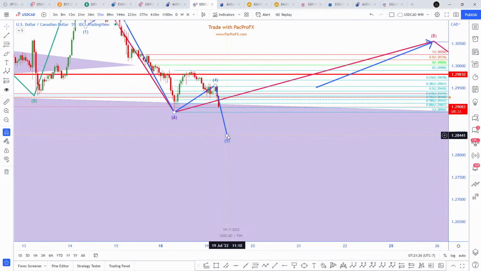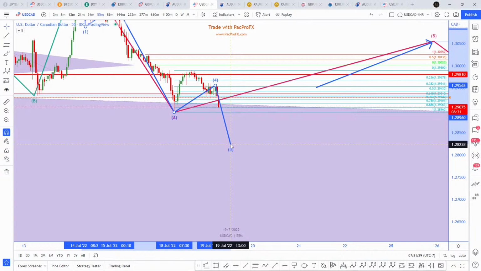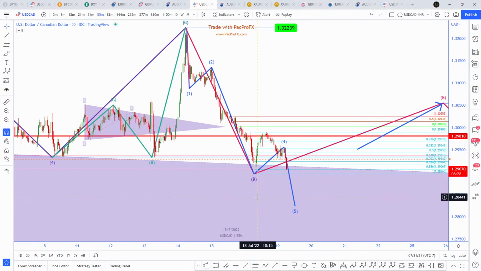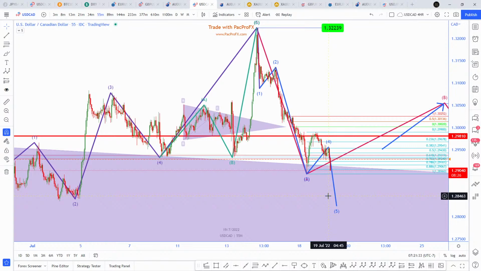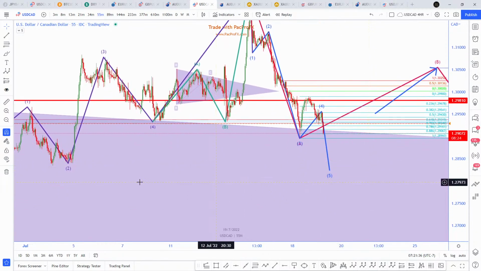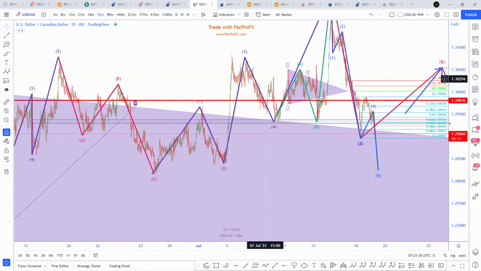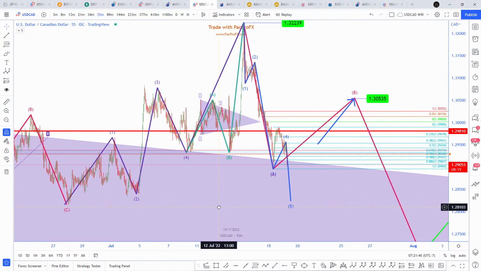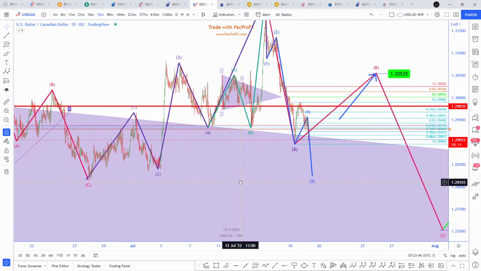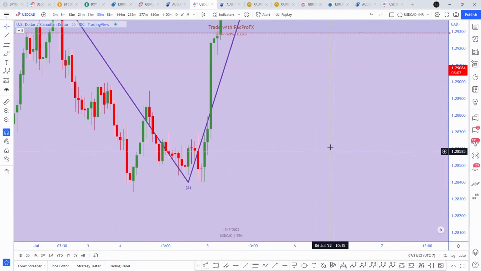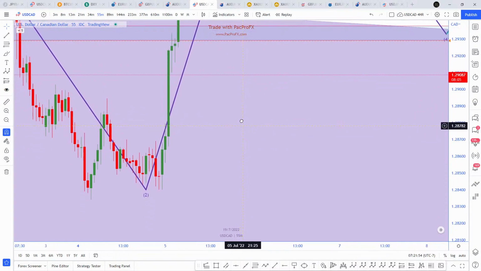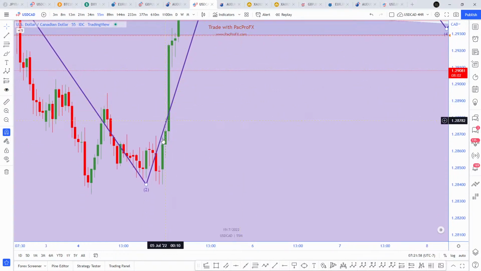Sneaky one. Almost didn't even look like an ABC pattern. So, not sure why it's going back in the triangle again, but after all this. But this was all, this is all protected all the way down here.